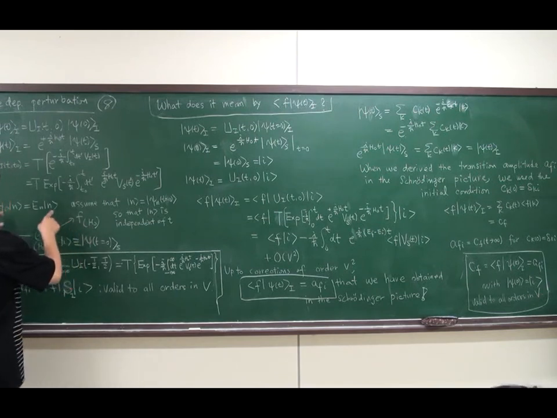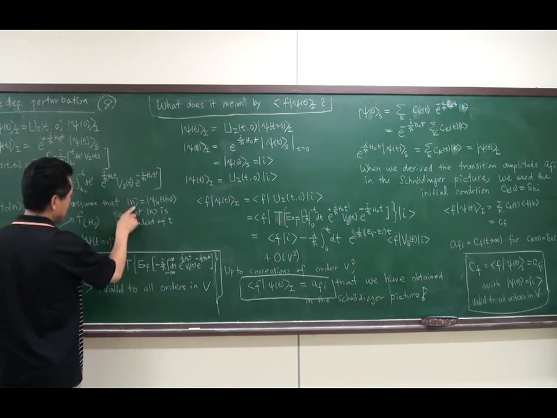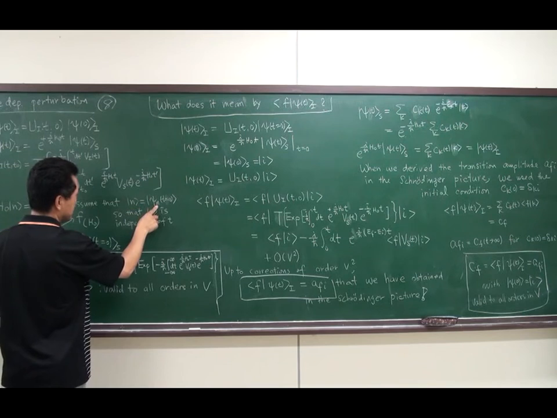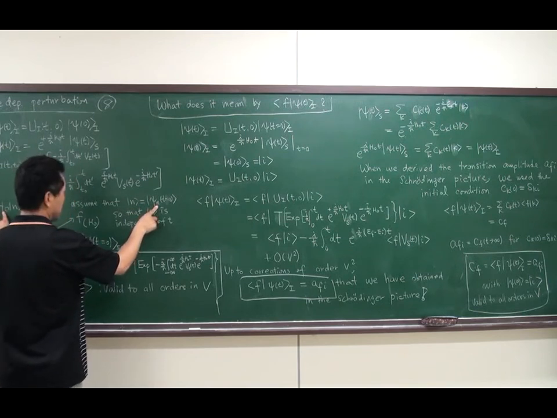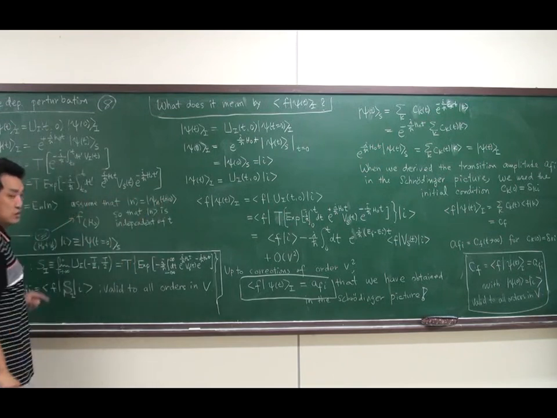So here for I and F, we assume that the state n is the energy eigenstate of H0 with the quantum number n. That's it. And F at t equals 0. The time evolution is not included in there.